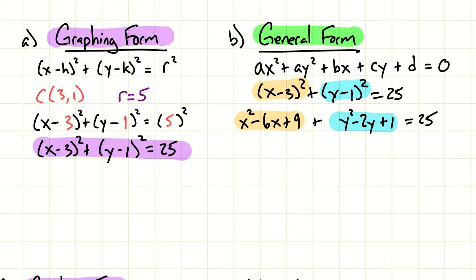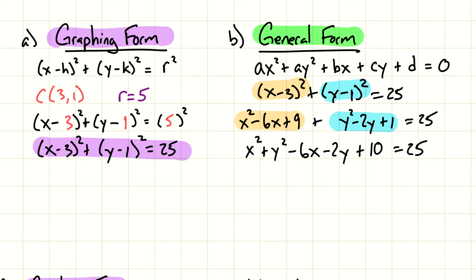Alright, so let's combine like terms and move things around if we can. So we want x squared plus y squared, and then the x's, and then the y's, and then the numbers equals to 25. So the only thing that's left for us to do is to set this equal to 0.